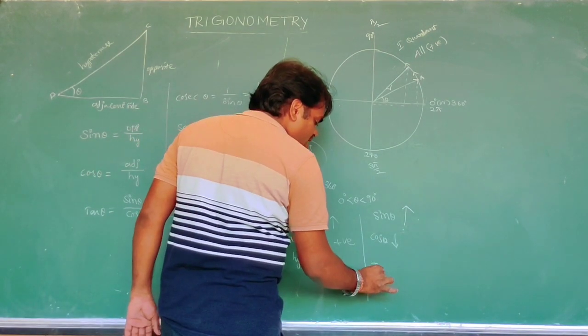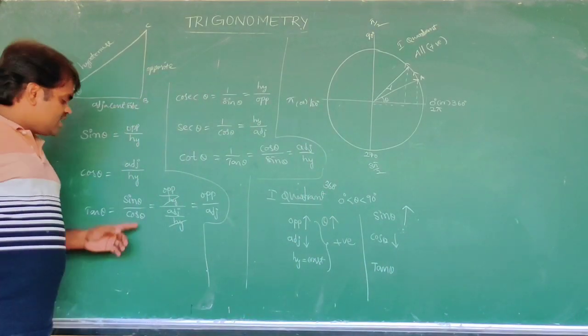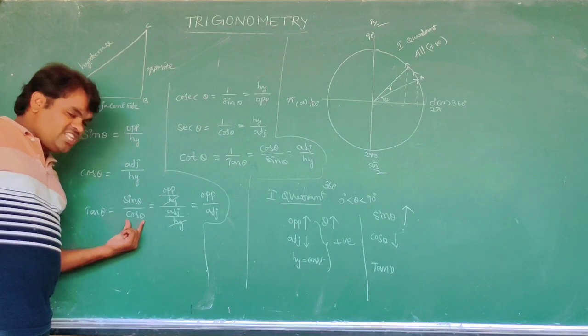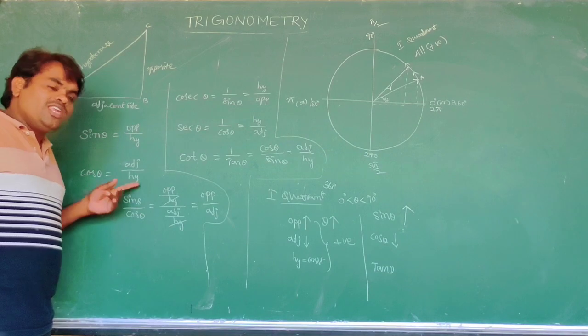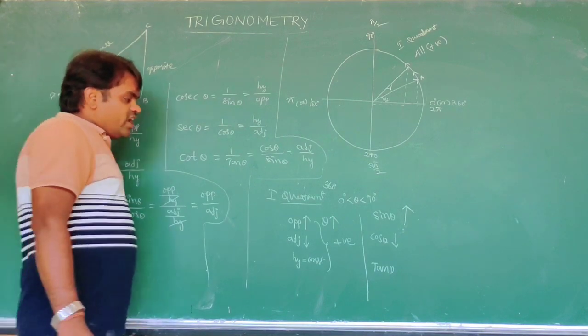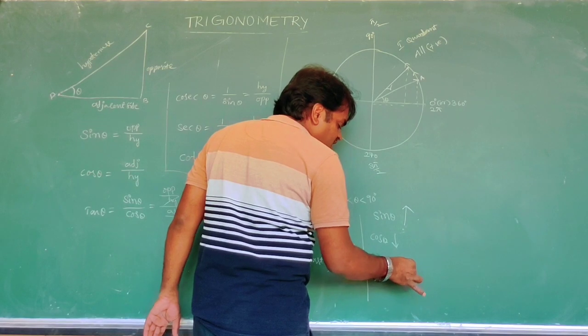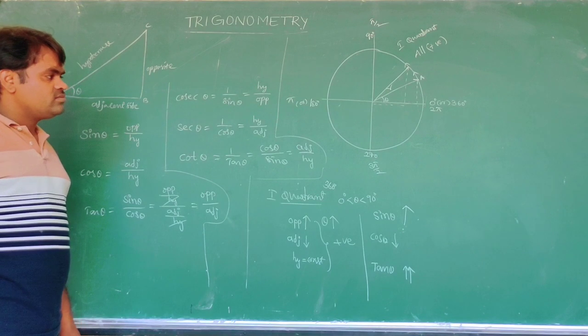What about tan theta? Sin theta increases and cos theta decreases. Cos theta is in the denominator, and a decreasing denominator increases the ratio. That's why tan theta increases much more than sin theta.